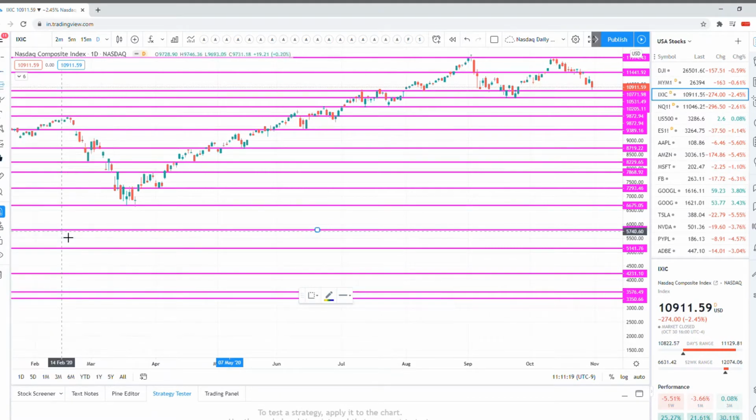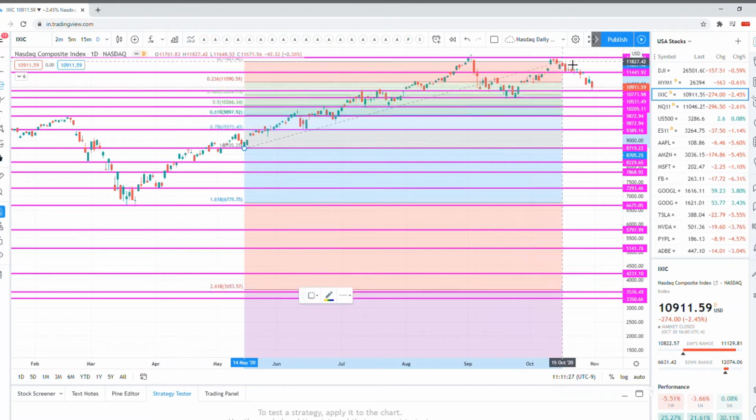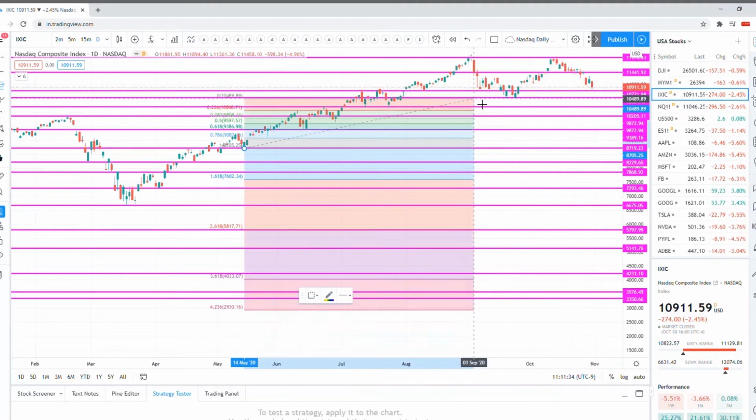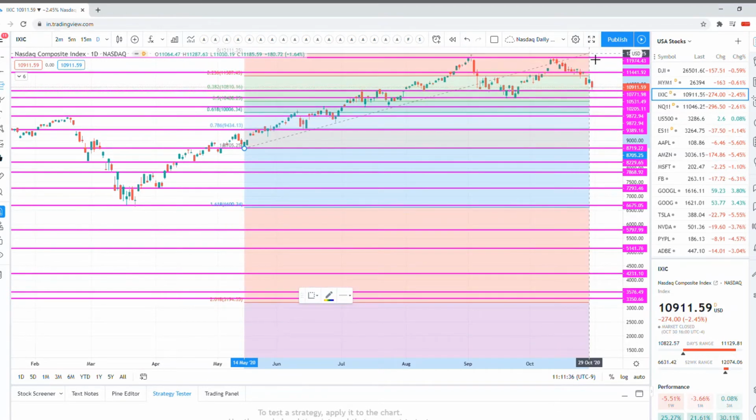Fibonacci retracement, supposing I take this point and I leave it here. Oops, sorry. So, yeah, that's it.